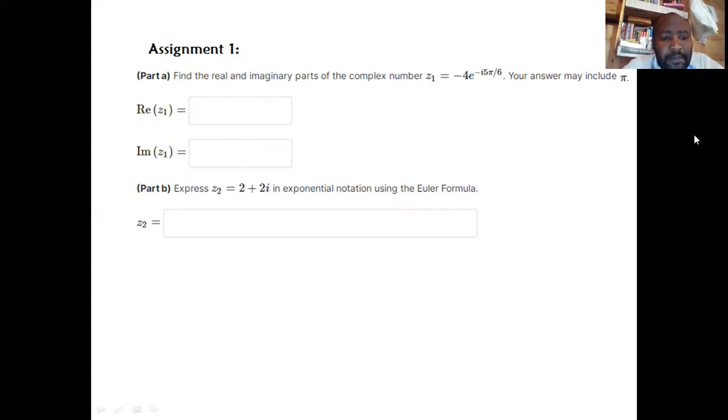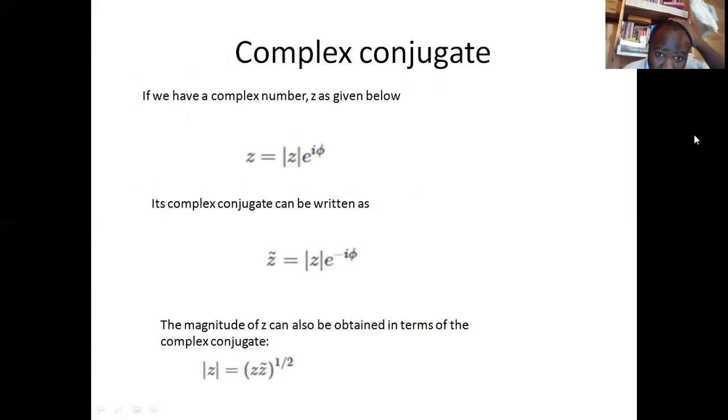The next part is to express that complex number in exponential notation using Euler's formula. I showed you the exponential notation.